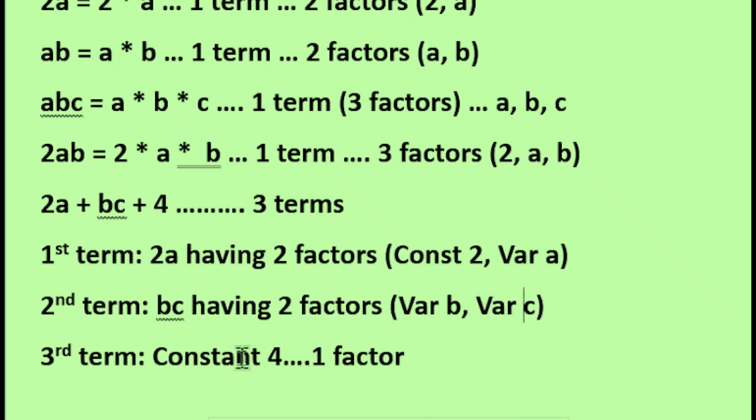And here only one factor, 4, which is a constant. So 2a means one constant into one variable, bc means one variable into one variable, and 4 means only one constant. But 3 terms, not factors.